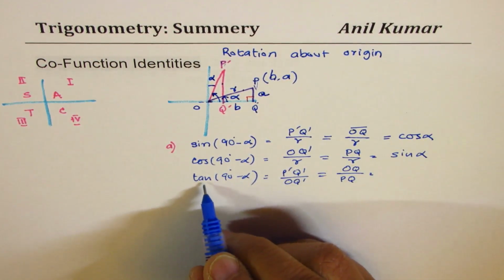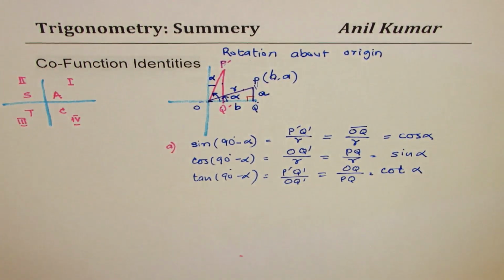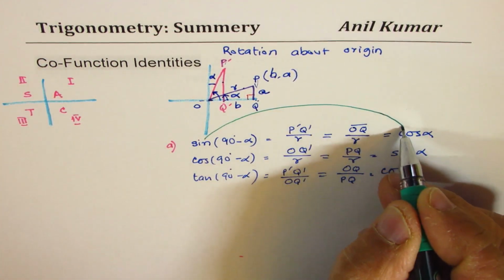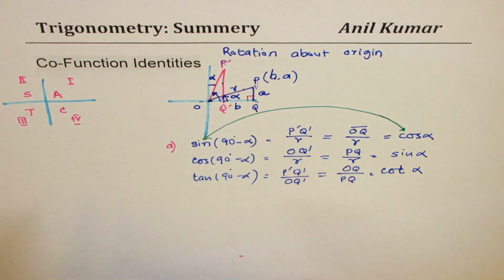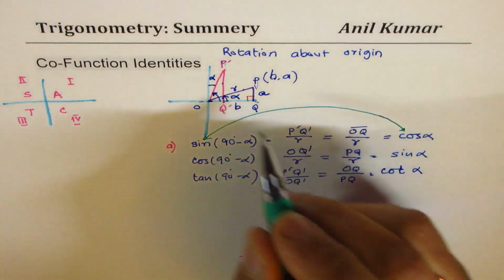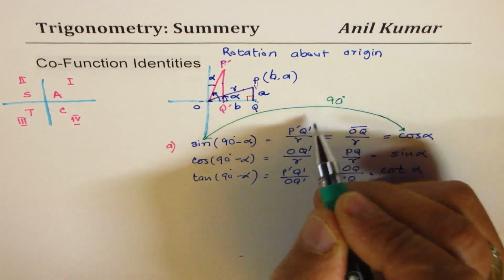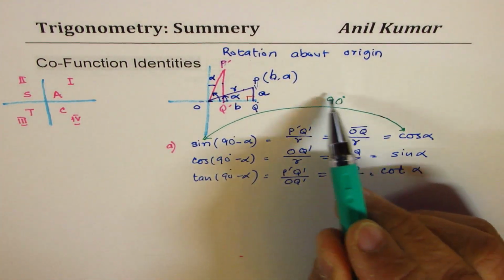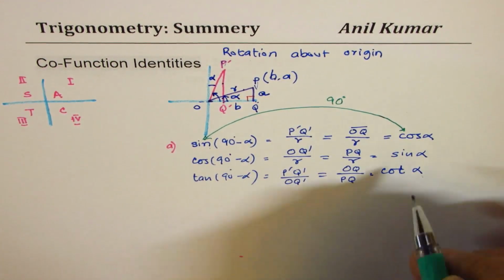That is the reciprocal of tan, which is cot of alpha. Now what you notice here is a change from sine to cosine. Whenever you have a rotation related to 90 degrees, sine changes to cos.